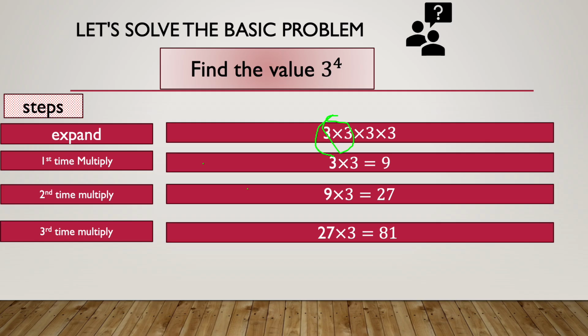So I multiplied each number 3 in turn, and each answer was multiplied by the next number 3.